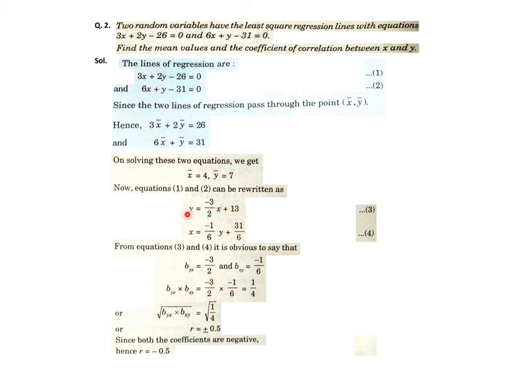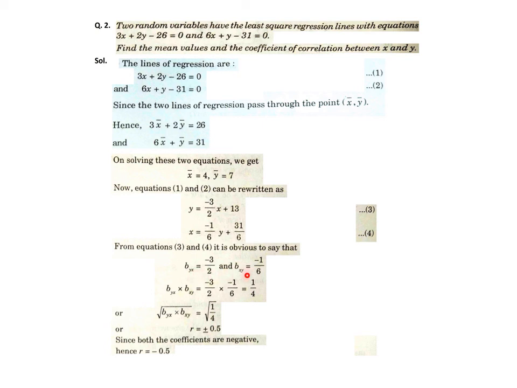How? Because we assumed one of those lines as y on x, so y was kept out in equation 3 from 1, and the other was assumed as x on y. If it fails there, we can reverse it. Y on x can be written as x on y, and x on y can be written as y on x.